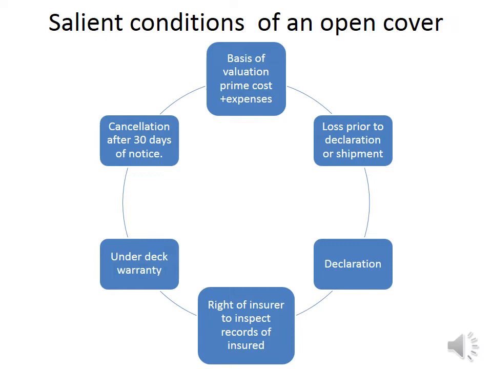So considering the terms of sale, that becomes the prime cost, and any expenses related to shipping can be added, or it is also convention to add a certain percentage. 10% is popularly accepted on the basic terms of sale.